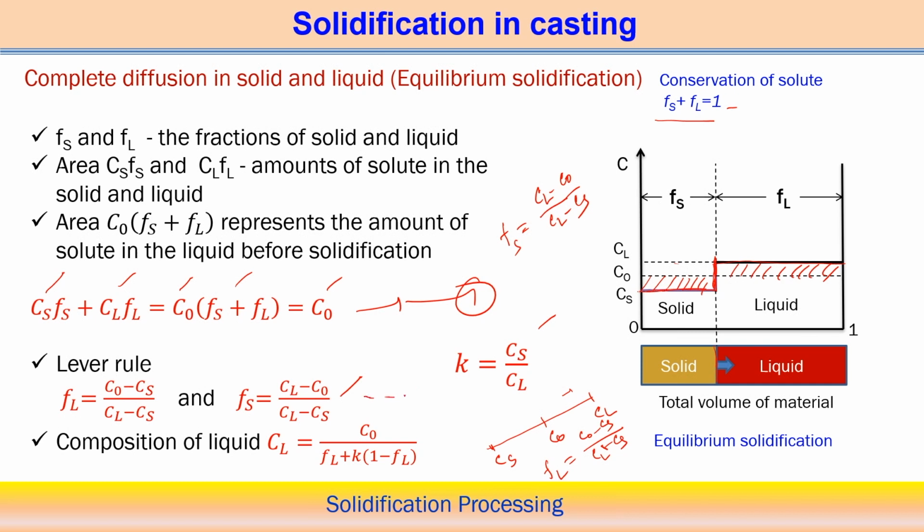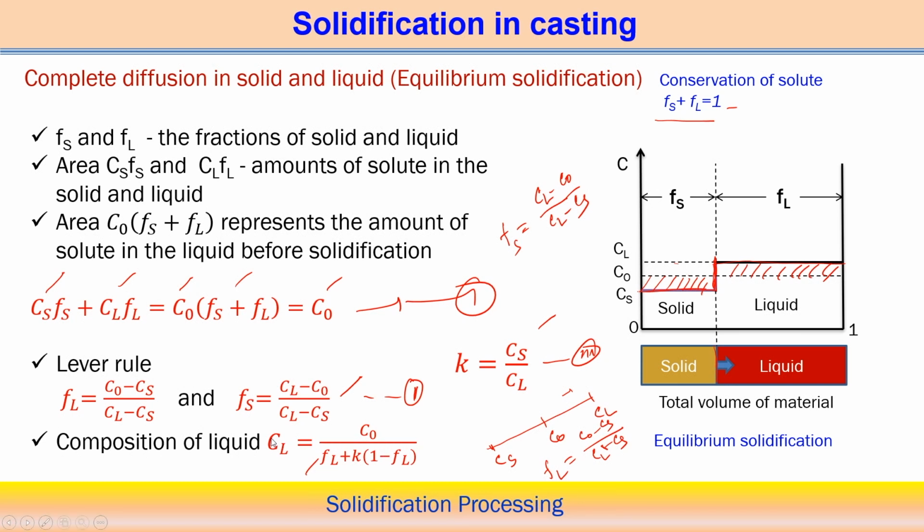These two equations you can utilize, and then we can find the composition of the liquid in terms of the initial composition C0, the liquid fraction and the partition coefficient. At the same time we can find the composition of the solid phase.